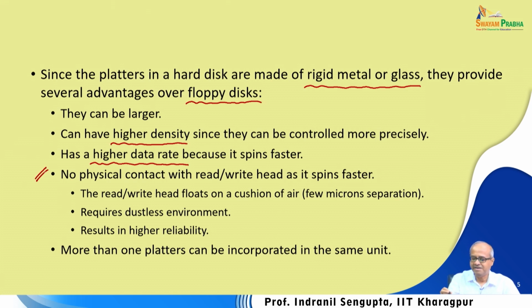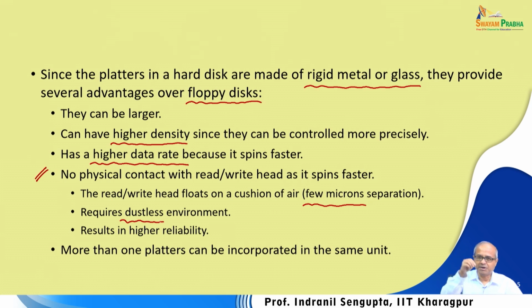Okay. As I said, the air cushion is typically few microns wide, and because of this accurate kind of mechanism, very thin layer of air, you cannot afford to even have a speck of dust inside that enclosure, because the size of a dust particle can be of the order of few microns.